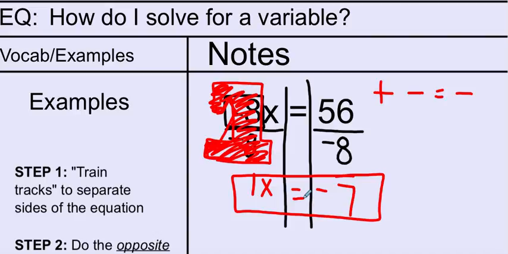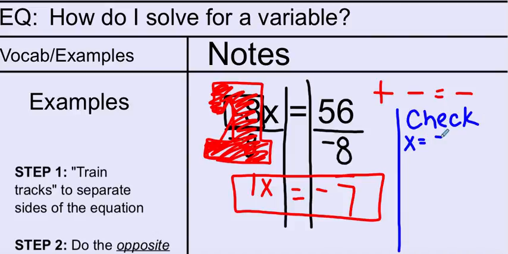However, I want to verify my work. So I'm going to go back and complete my check. This is like solving and evaluating an expression, where I know that x equals -7 and I have the equation -8x equals 56.